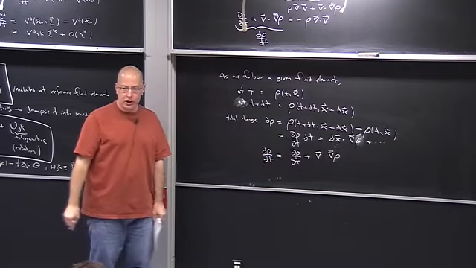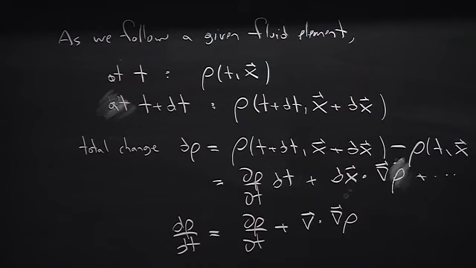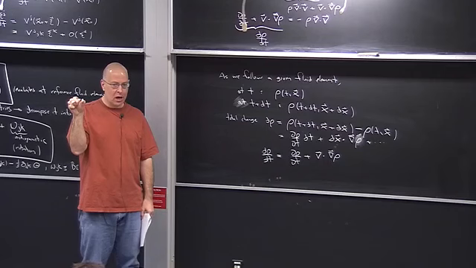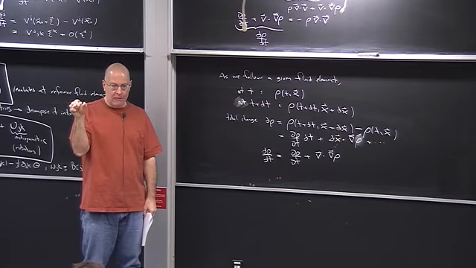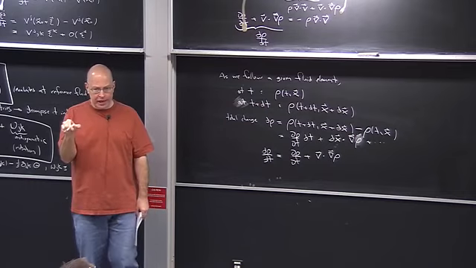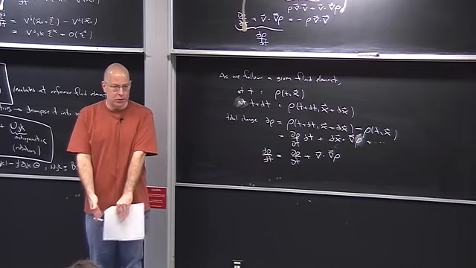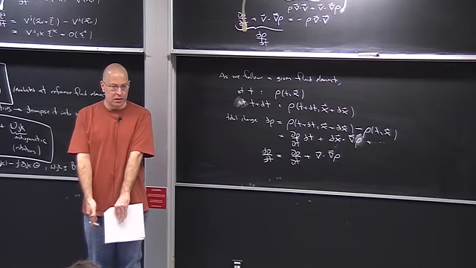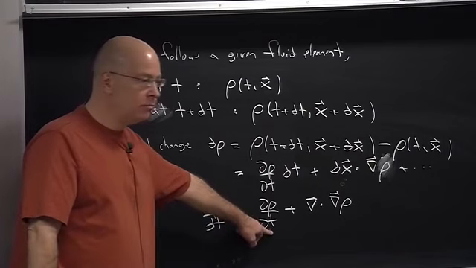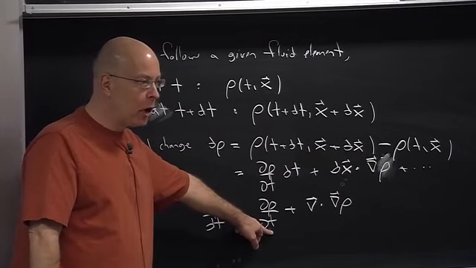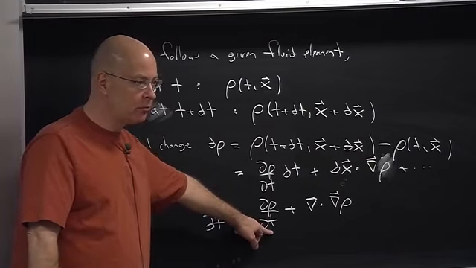So that combination is the total time derivative of my density if I follow the motion of the fluid element. If I don't follow the motion of the fluid element and I just ask what is the time derivative of the density always at this particular spot in space, then I get the partial derivative of rho with respect to t.